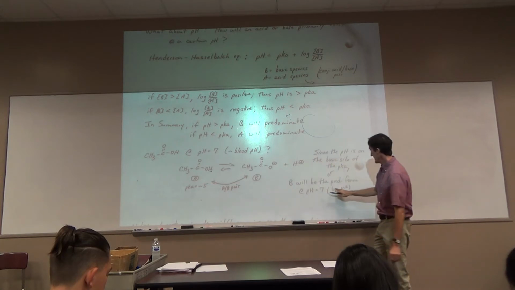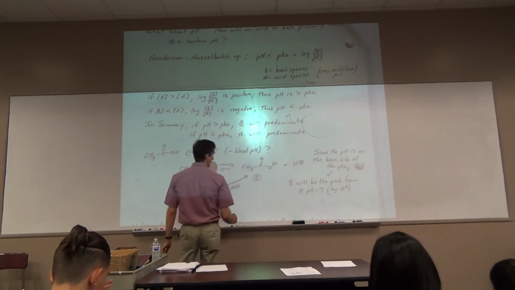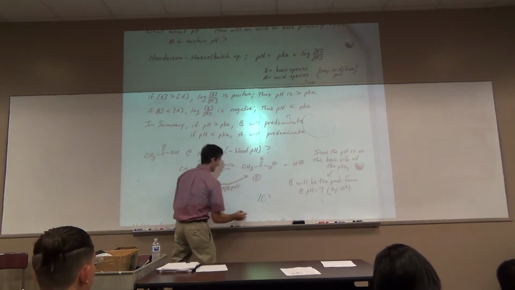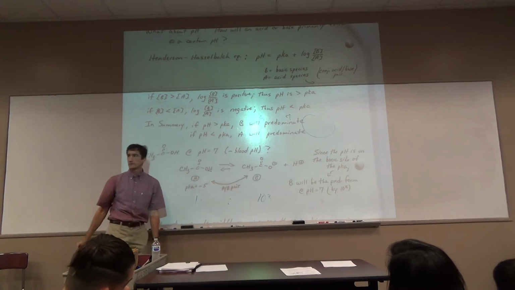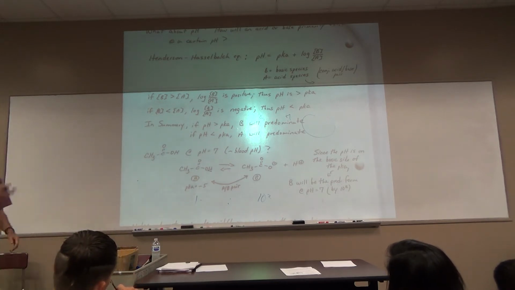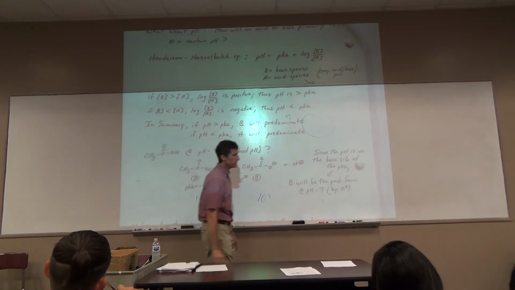B will predominate by 10 to the 2. That means at equilibrium, you'll have 10 to the 2 of this and only 1 of this. 10 to the 2 is 100, so it's a 100 to 1 ratio. That's how you use this.